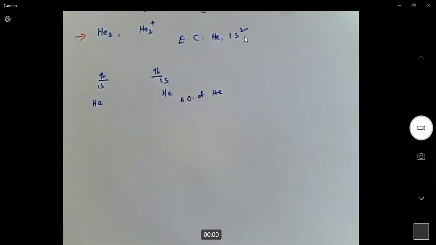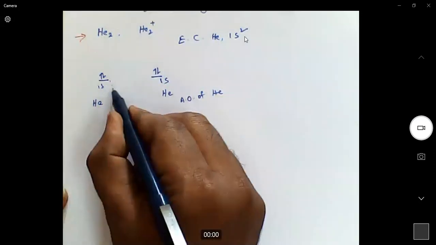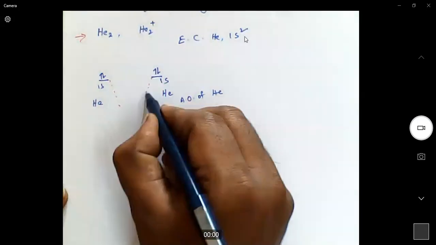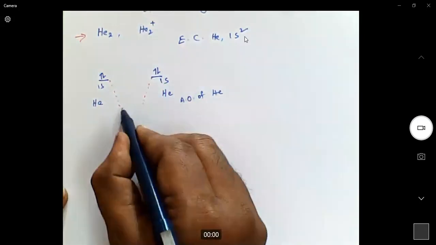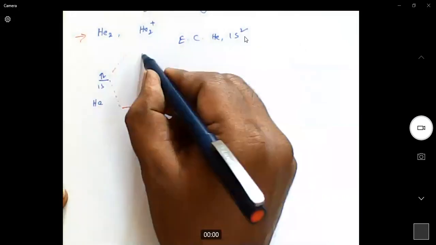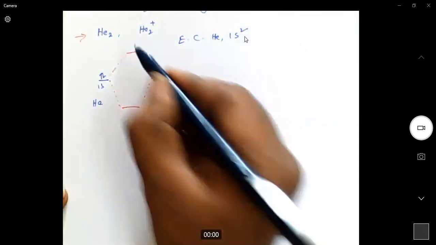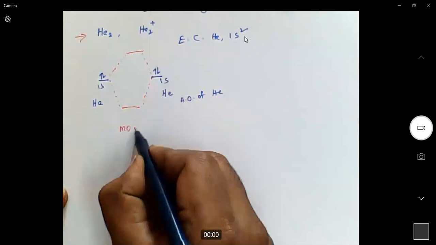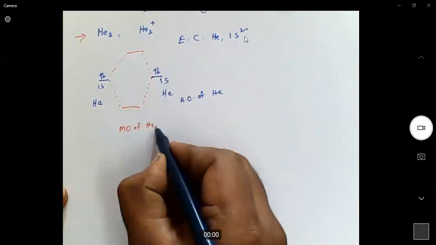Now, when we try to form a helium molecule, what will happen? These two 1s orbitals will mix with each other and they will generate two molecular orbitals. These are called MOs of helium molecule.